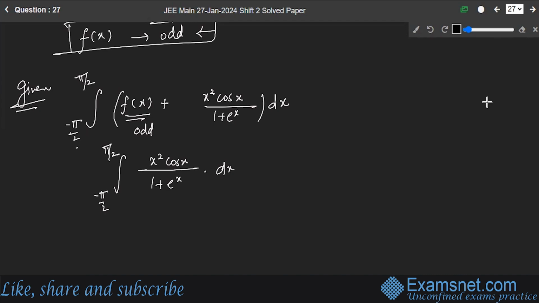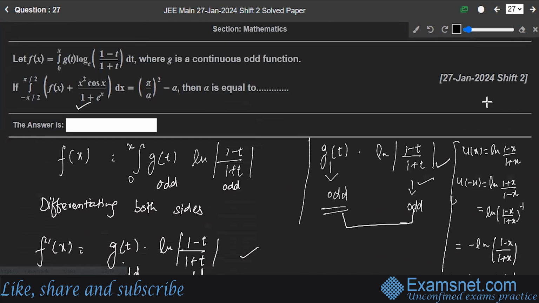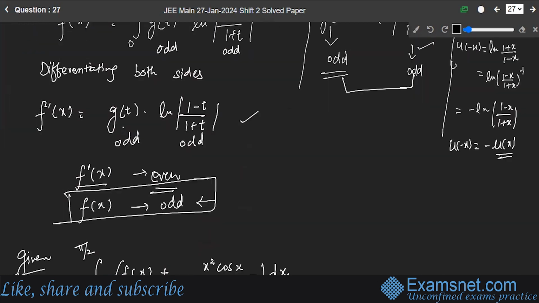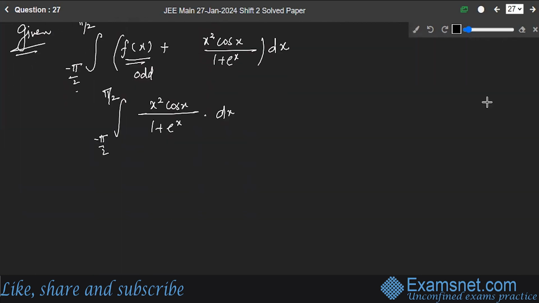Okay. Now, what will I do? Over here, I wanted to tell you one thing. I have used the Leibniz rule. So now, I'll be using King's rule over here. This is a very good rule, right? So this will give me minus pi by 2 to pi by 2.